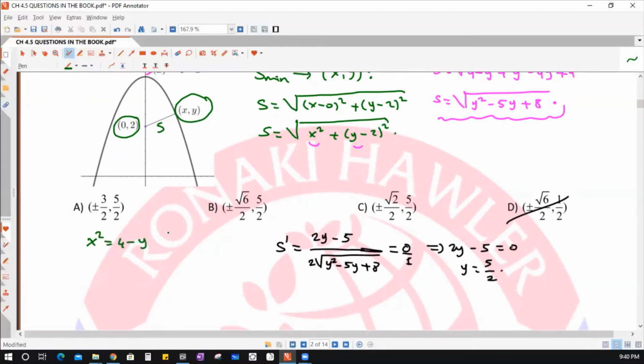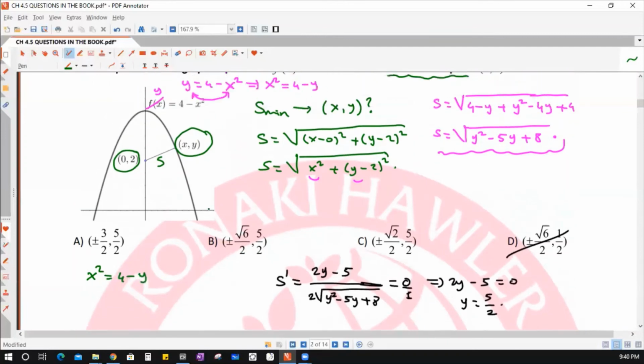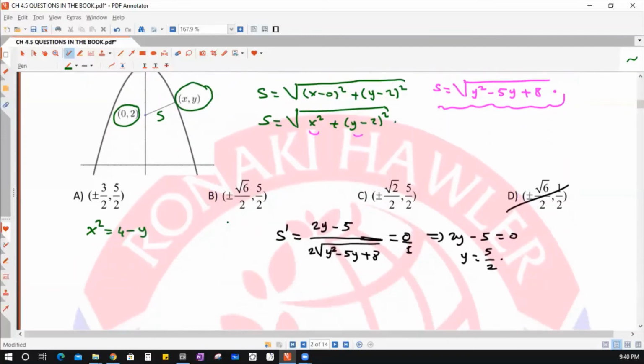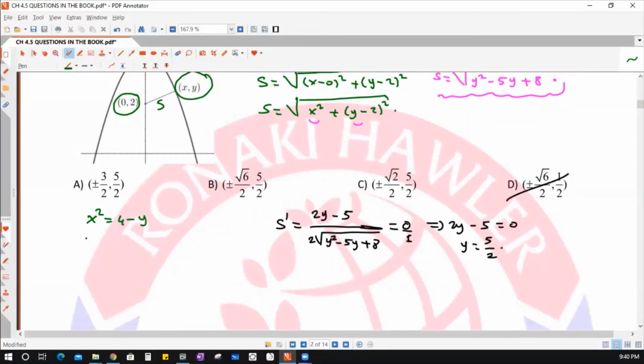Here I'm going to replace the y value: x squared equals 4 minus 5 over 2, and x squared is equal to 2 times 4, 8, minus 5, 3 over 2. And x equals plus and minus, because this parabola has symmetry with respect to the y-axis.